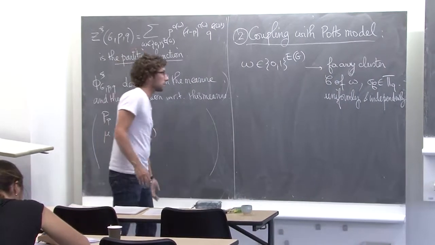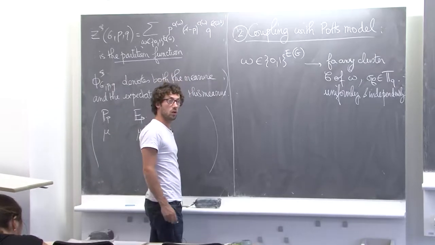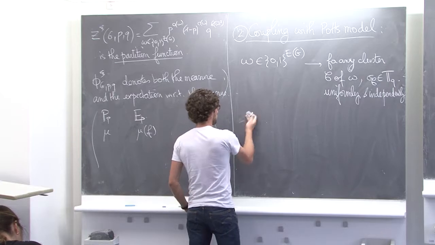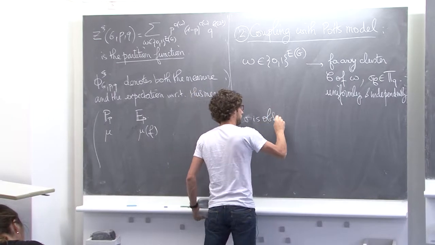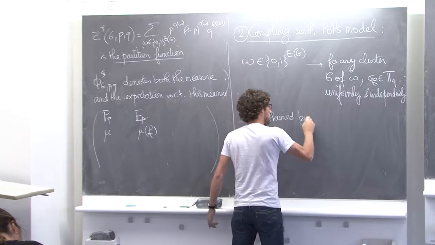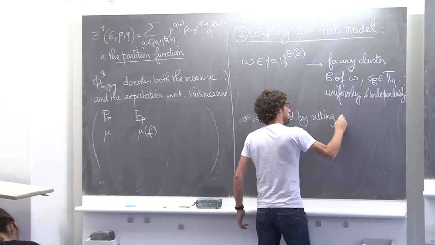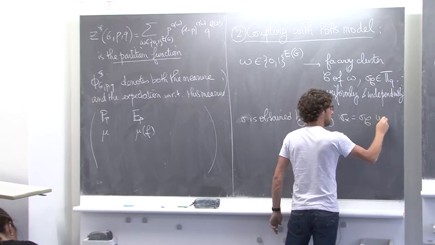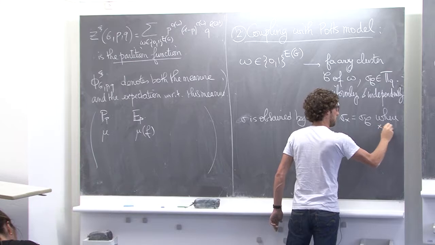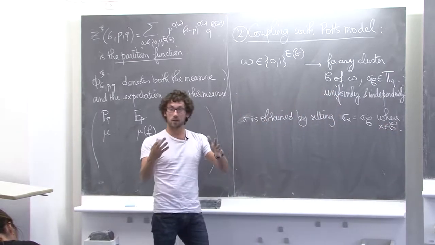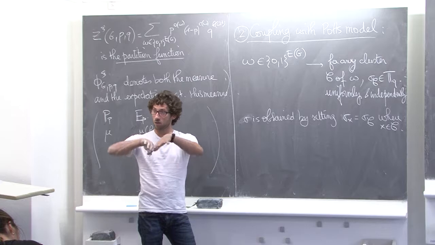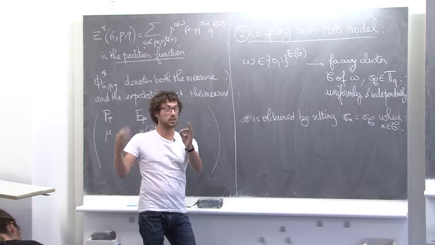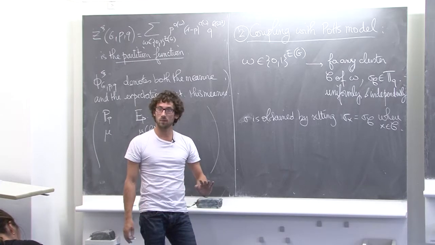Now, if you have that, you can deduce a coloring, sigma, by setting sigma of x for a vertex to be sigma of C where x is a vertex of C. So for every vertex in my connected component C, I give exactly the spin sigma of C. Is it clear for everybody?